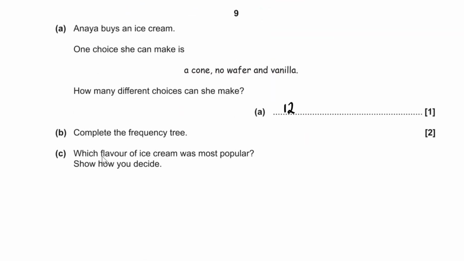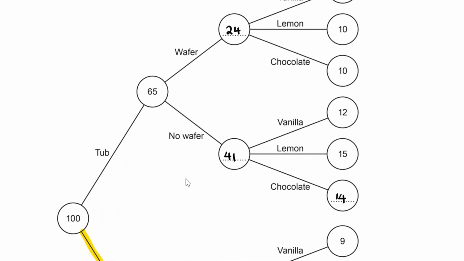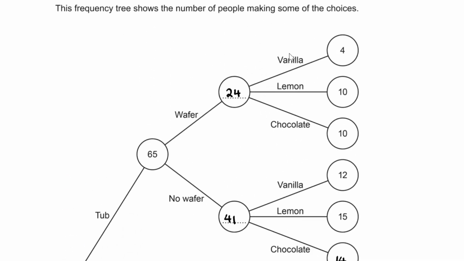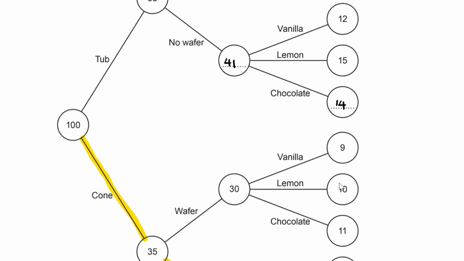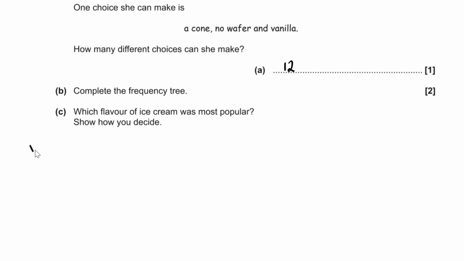And now for part C, which flavour of ice cream was most popular? Show how you decide. Well, if we find out the total for vanilla we've got 4 plus 12 plus 9 plus 1, which is 26.